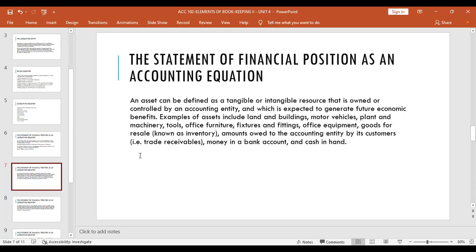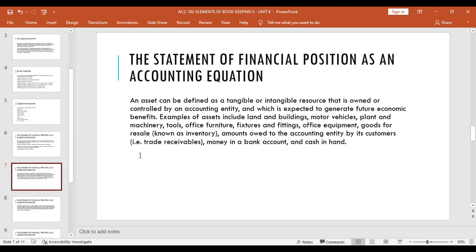So you have different types of assets. You have non-current assets and you have current assets. Non-current assets are assets that can generate economic benefit for you for a period of more than one accounting period, basically more than 1 year. So for example, motor vehicles, land, buildings, machineries, these are non-current assets.